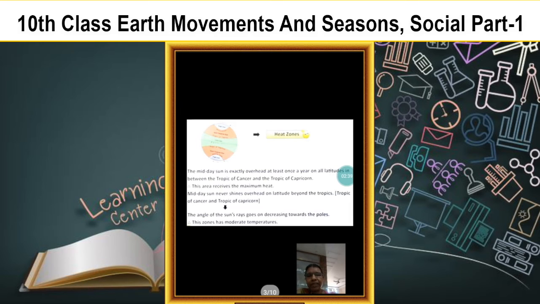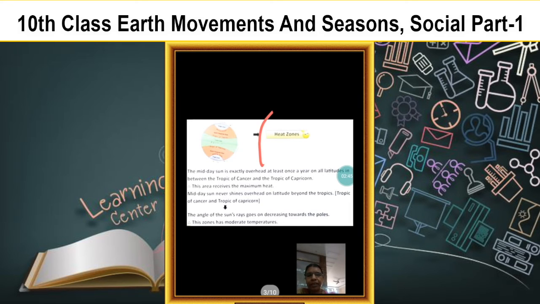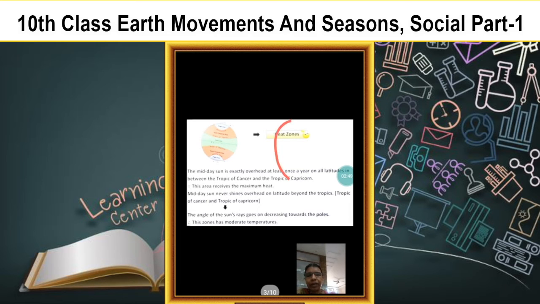If we think this is the sun, the sun's rays fall directly on these places, from Tropic of Capricorn to Tropic of Cancer. So on at least one day of the year, the sun's rays fall directly on this latitude.